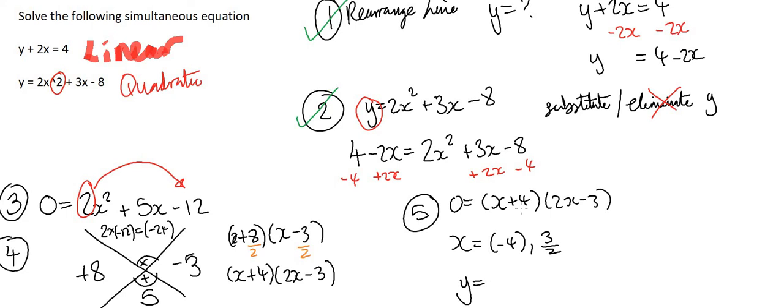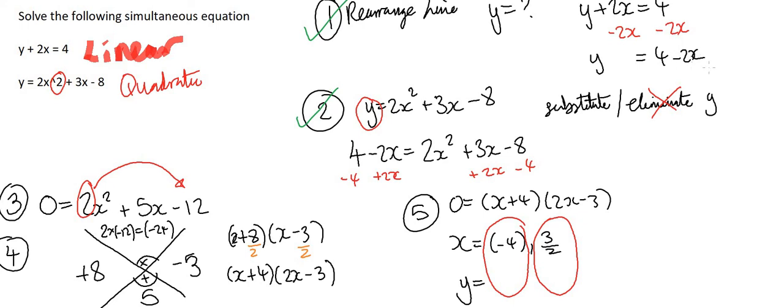And now the last bit, I've got my x's. I need to work out the y that goes with each x. So if x is negative 4, I know that y is equal to 4 take away 2 lots of x. So 4 take away 2 lots of negative 4. 2 lots of negative 4 is negative 8.